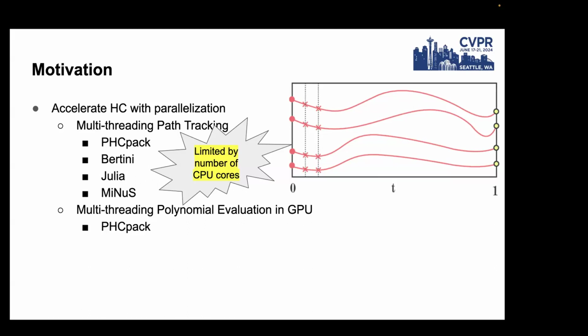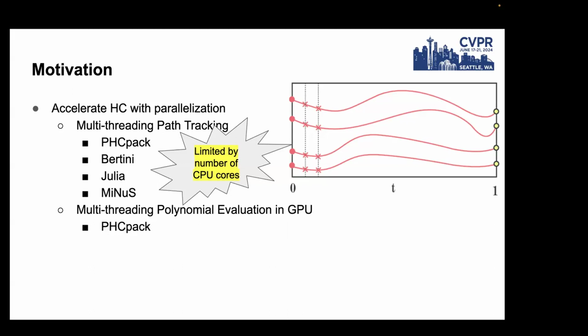Say you have 32 cores in your CPU, and you want to track a system with 300 solutions, and you give 1 core per track, and you need to do this 10 times. Another idea is that we need to parallelize the inner polynomial evaluation. PHCpack already did that on GPU and gave quite a good acceleration rate.